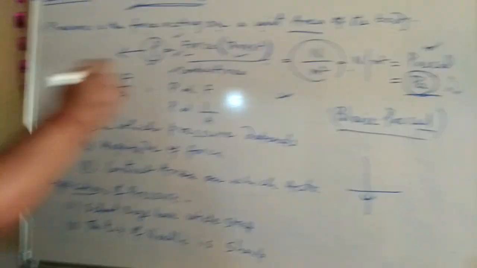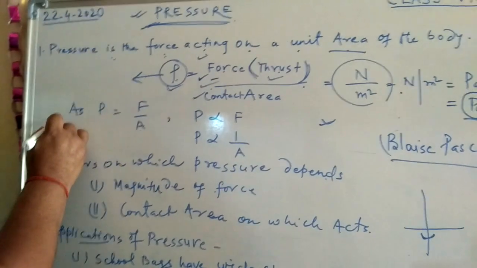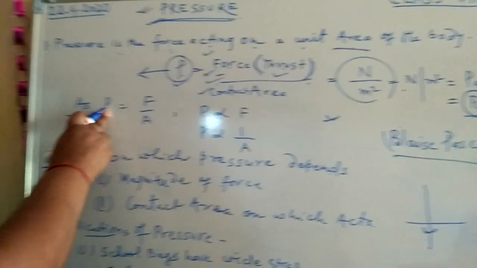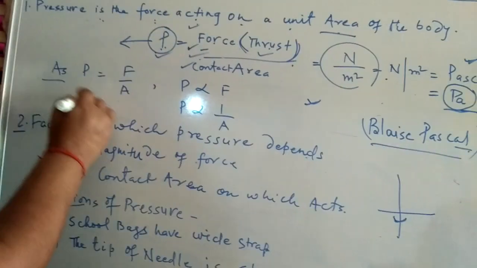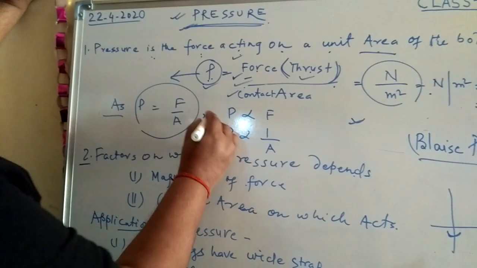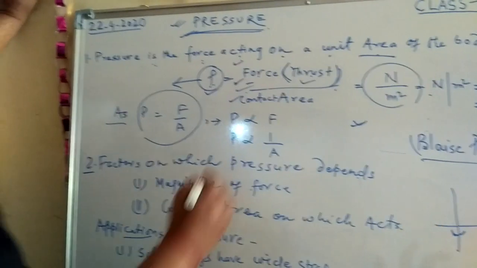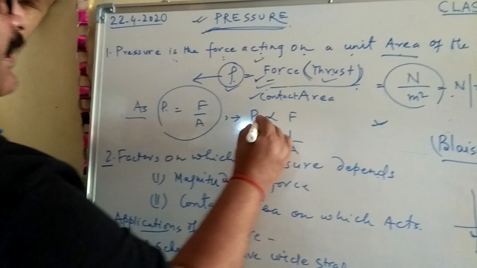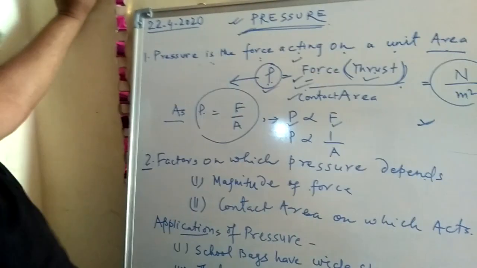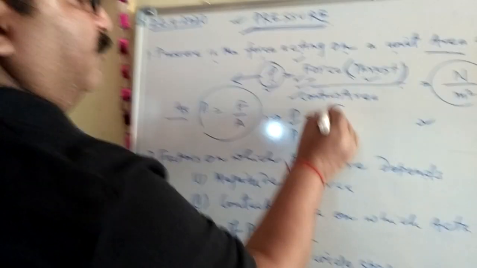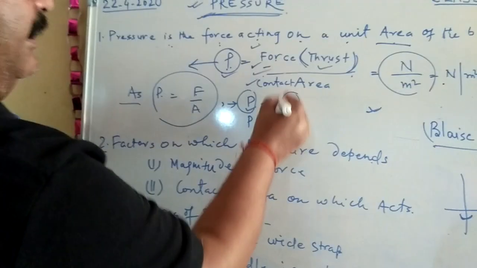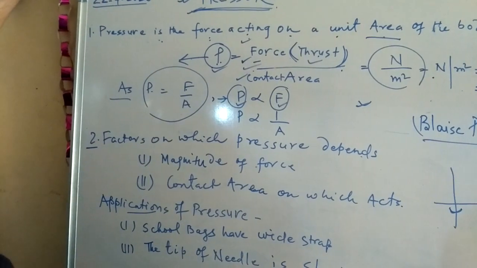From that expression, P is pressure, F is force, A is contact area. From that relation, we can easily explain that P is directly proportional to force. It means that when the force is more, the pressure is more. When the force is less, the pressure is less.